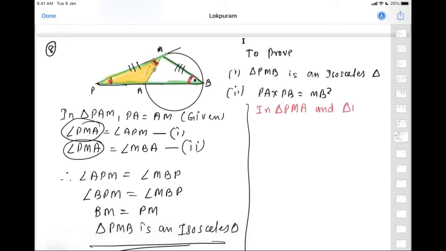In triangle PBM, angle PMA is equal to angle PBM, angle in an alternate segment. And one more angle is common, angle MPA is equal to angle MPB, common angle.